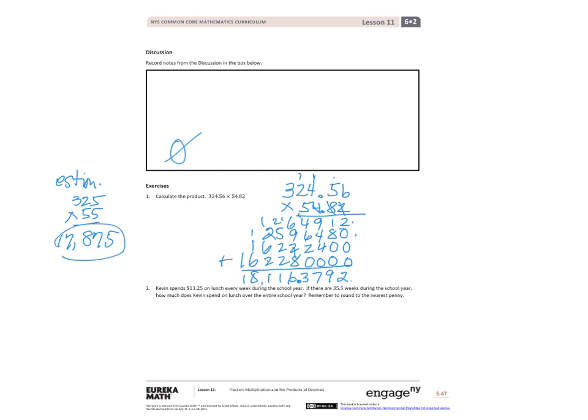So that means that I need to go in and I need to figure out where in the world did I stray. So let me rewrite. We have 324 and 56 hundredths. And I have 54 and 82 hundredths. So let's see what I did not do right.